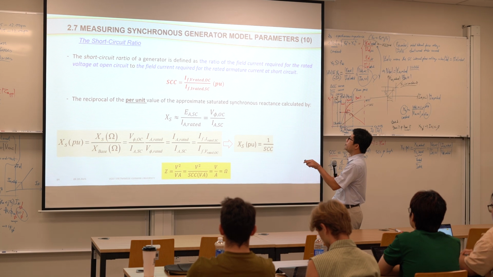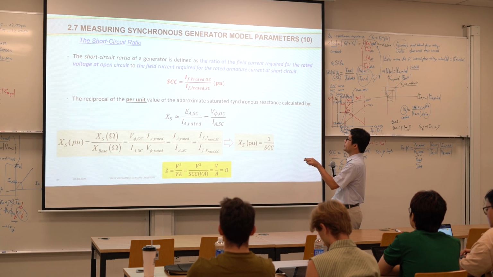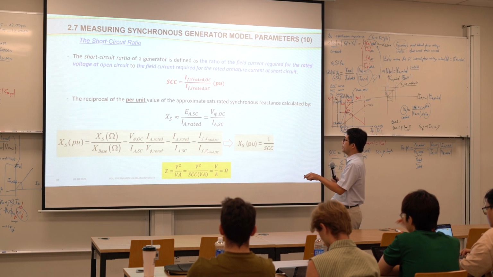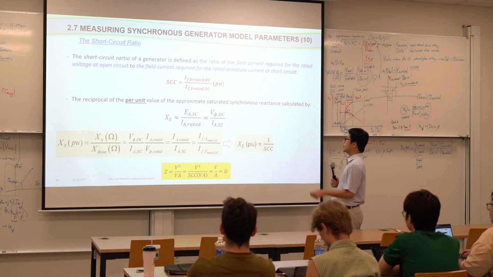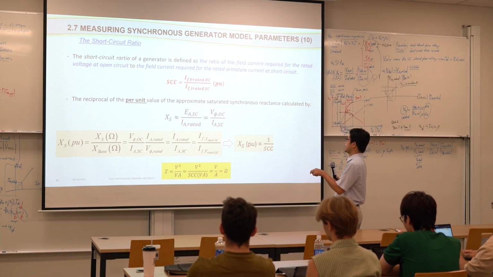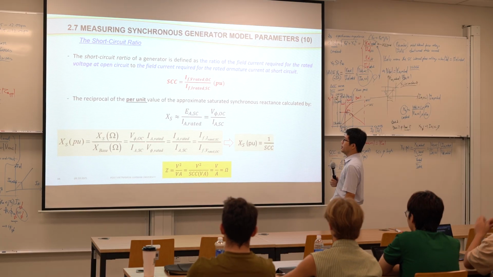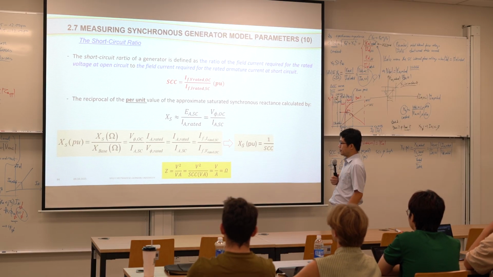And look, here we get IF at rated voltage over IF at I rated. So now this is reciprocal, right? That means XS per unit is 1 over SCR. This is my explanation.